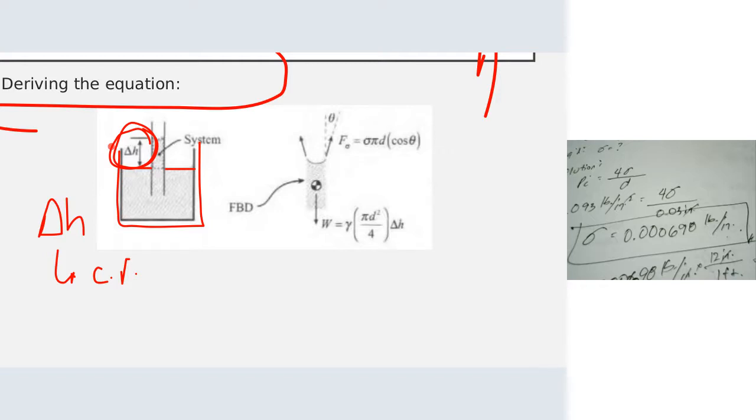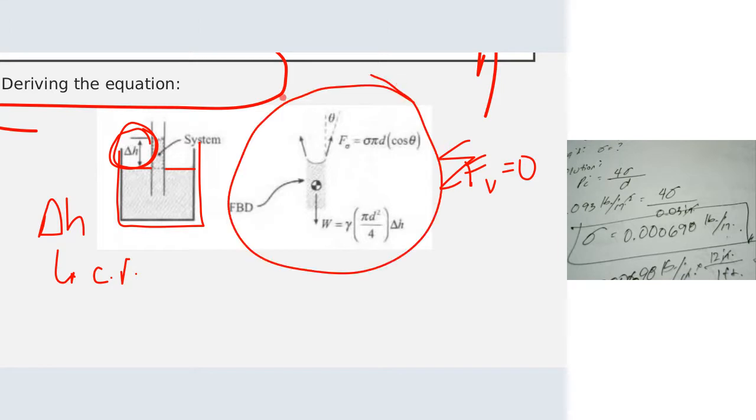So, paano ba natin makukuha yung delta H? Gagamit tayo ng equilibrium equation. Okay? Equilibrium equation. In particular, yung summation of forces vertical equal to 0. Okay? So, we will have this FBD. We will have this FBD on the negative y-axis. We will have the weight, no? Yung bigat nung tubig.